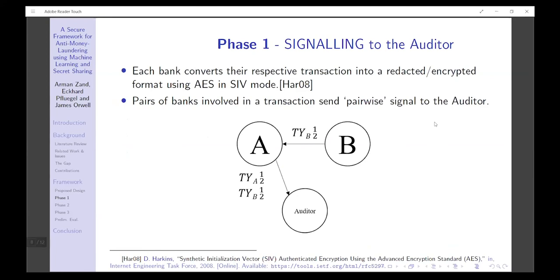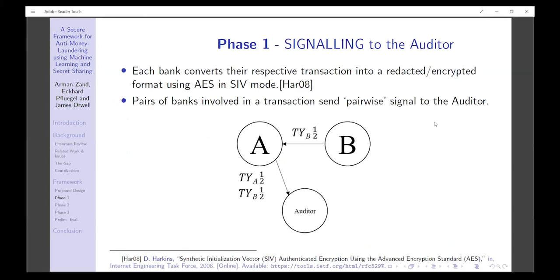So phase one, signaling to the auditor. Each bank converts their respective transaction into a redacted, encrypted format using AES, the Advanced Encryption Standard. And there are different cipher modes for this symmetric algorithm. Symmetric as in, with one key, you can encrypt and decrypt.